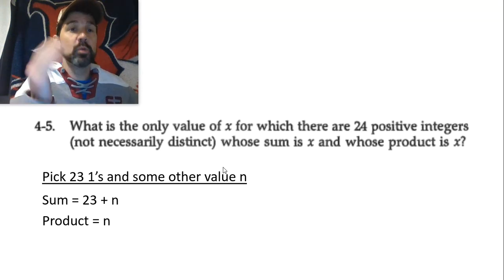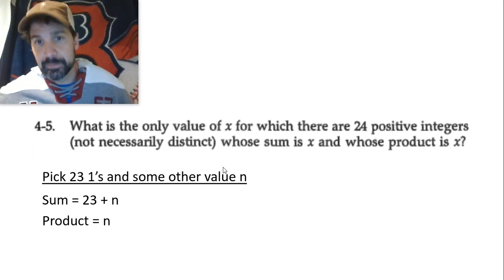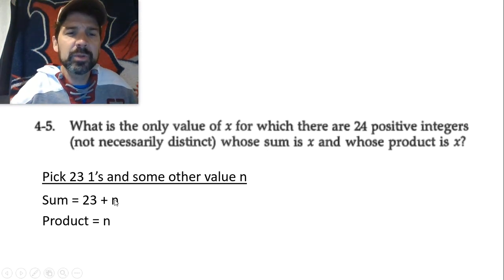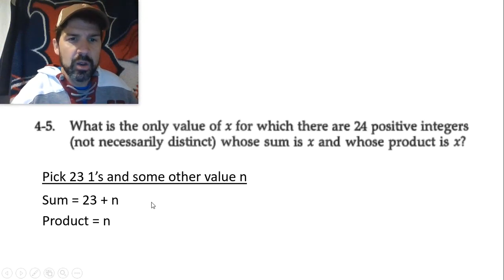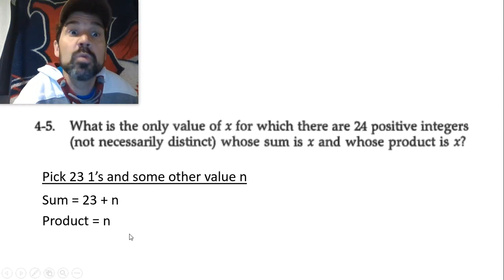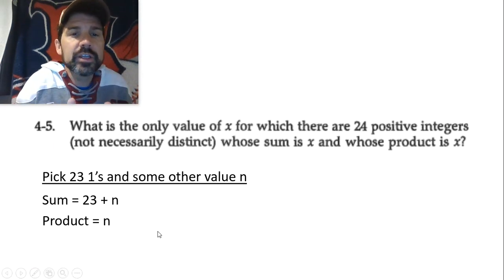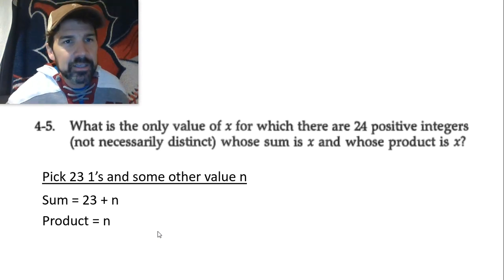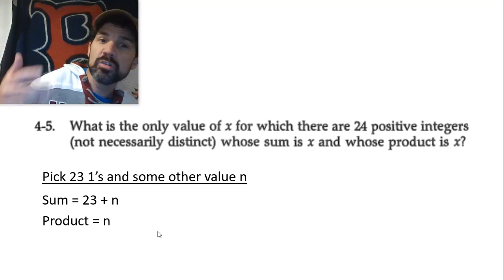And the product is going to be 1 times 1 times 1 times 1 times 1 times n, so the product is going to be n. Now 23 plus n only equals n never, because you're adding 23 to it. So this doesn't work. So it's not 23 1s and n. So we have to move up to the next thing.